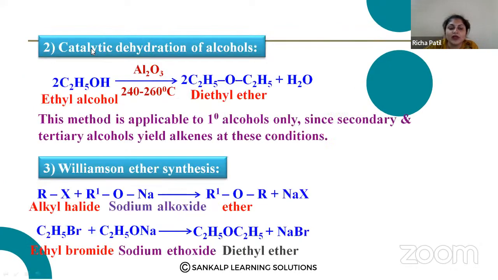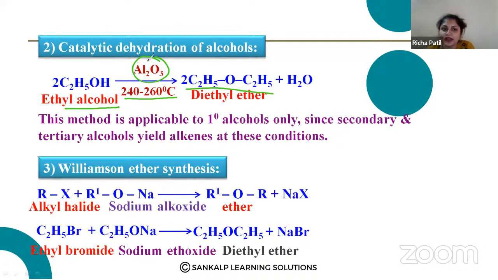Next, catalytic dehydration of alcohols. Again, the reactant taken is ethyl alcohol. It is reacted with aluminum oxide, Al2O3, at a temperature of 240 to 260 degrees Celsius. The product formed is diethyl ether.